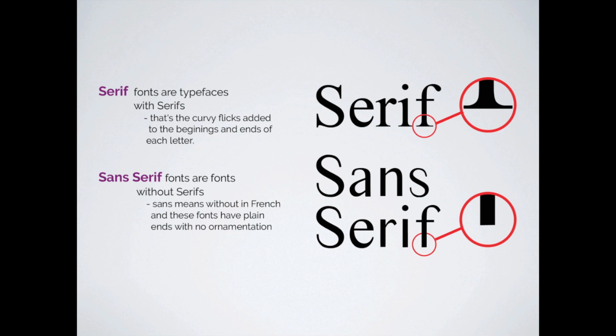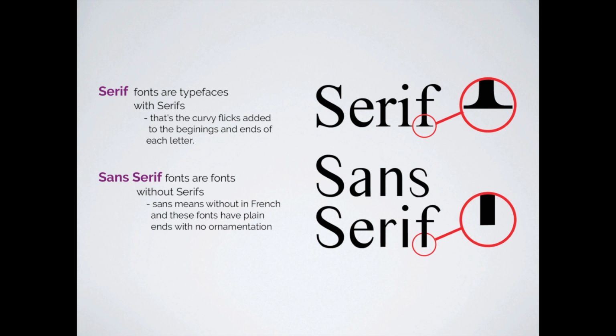So serif and sans serif. I mentioned serif and sans serif a fair number of times here. And what that means is that a serif has a little extra tail on the text. So on each letter, we have that little tail, and you can see it blown up down here at the bottom, on the bottom of the F, on the tops of the R's.